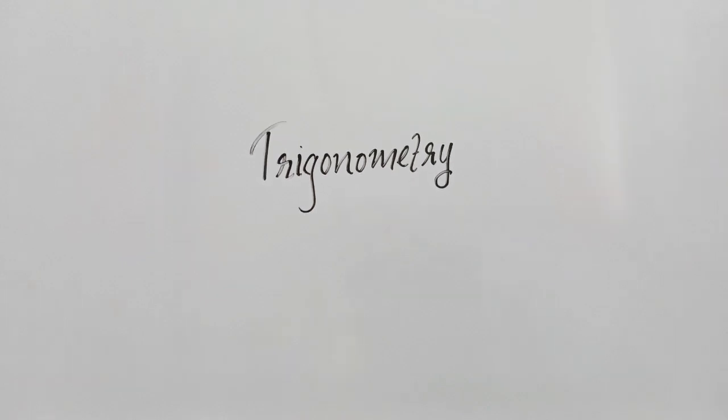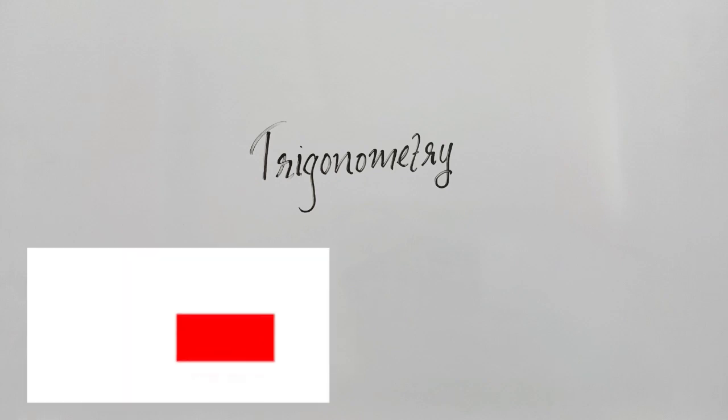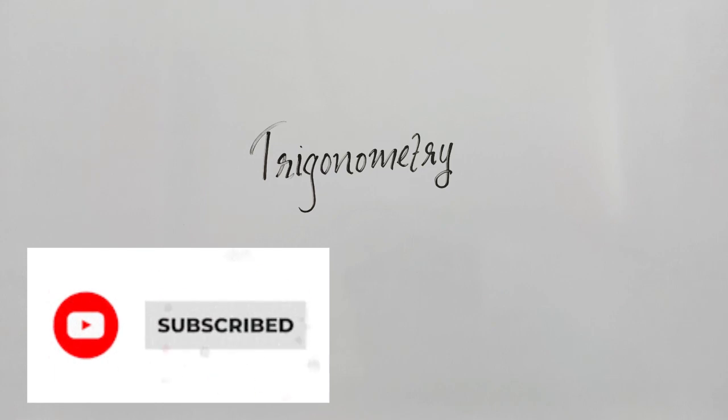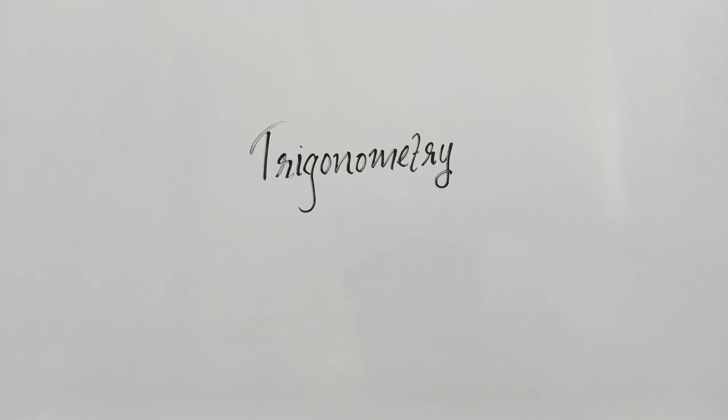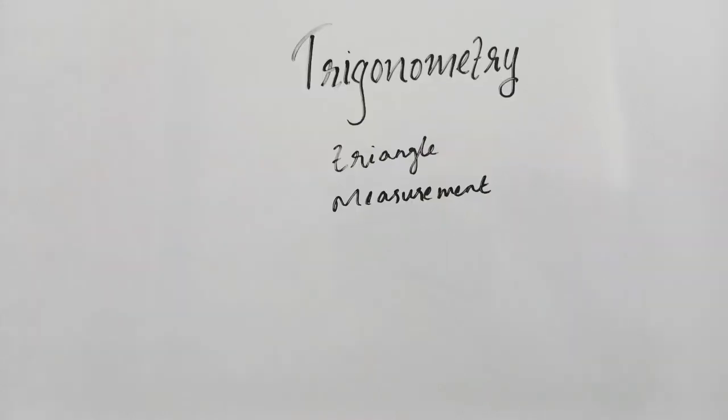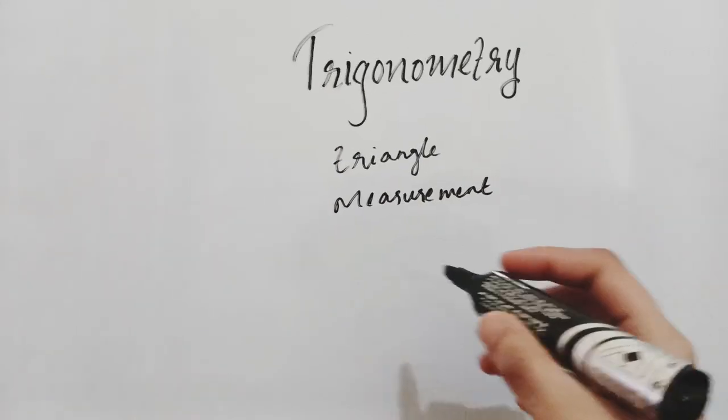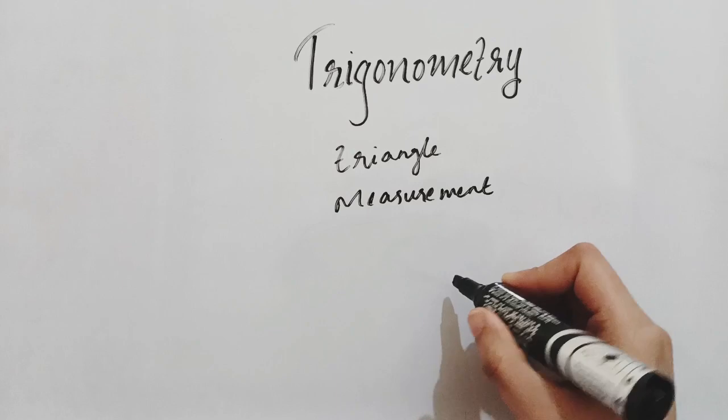Therefore, we can define trigonometry as the study of the relationship between the sides and angles of a right angle triangle. Trigonometry is a word meaning triangle measurement. Okay, we can measure one triangle.